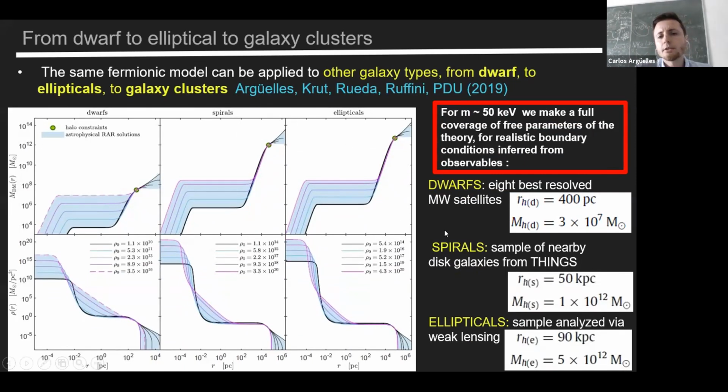and have shown that, for example, taking the 8 best-resolved Milky Way satellites, but also a sample of nearby spirals and some ellipticals by weak lensing, we can have observationally well-constrained mass and radius at the halo scaling radius, these green dots, and have explored the full family of solutions of dark matter profiles that are able to match this data, to show that there is a family of possible degenerate cores of dark matter.